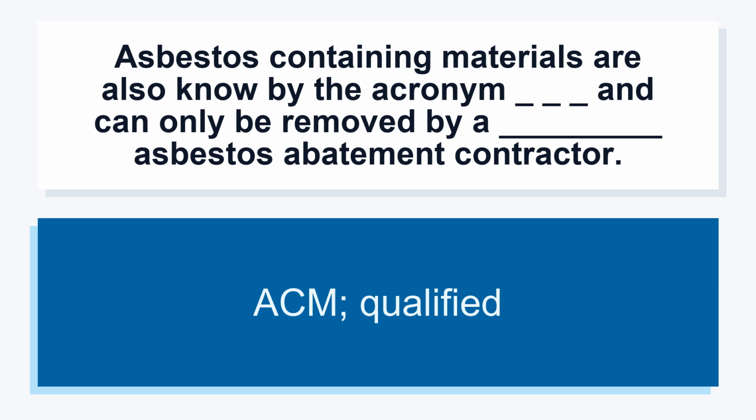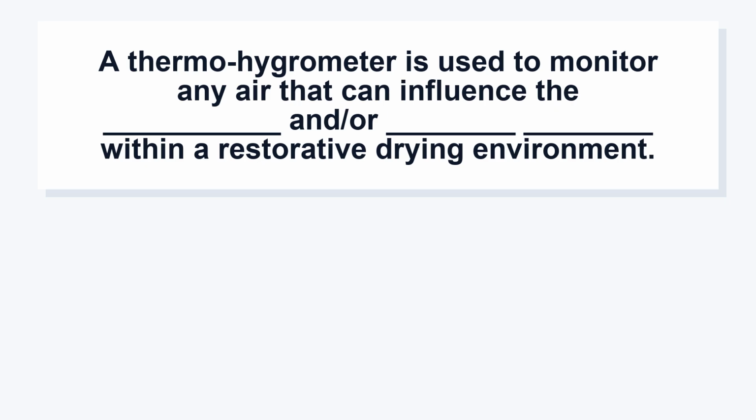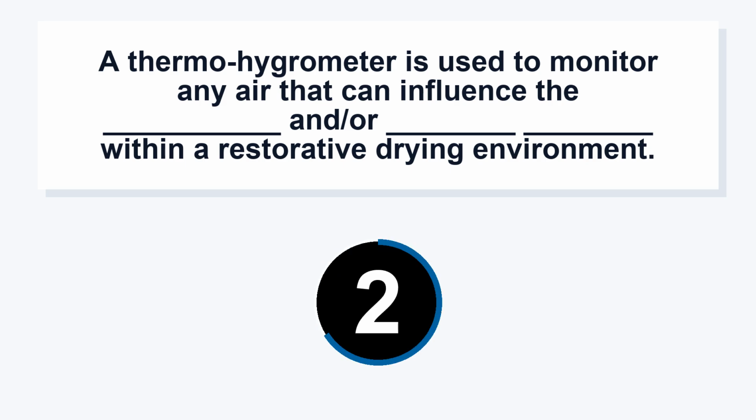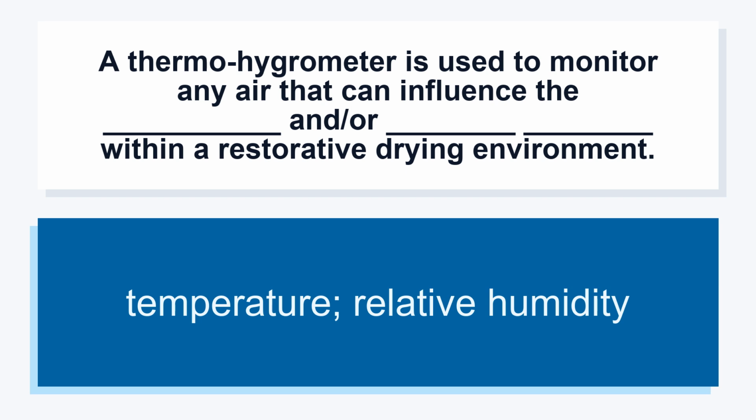A thermal hygrometer is used to monitor any air that can influence the temperature and relative humidity within a restorative drying environment.